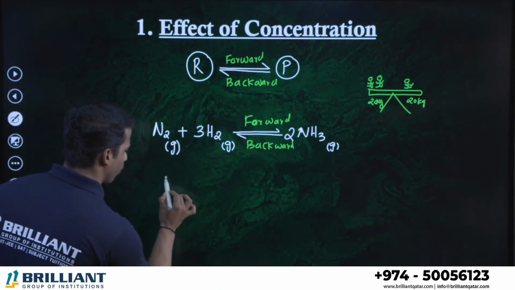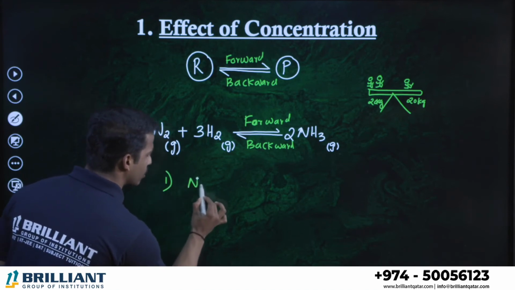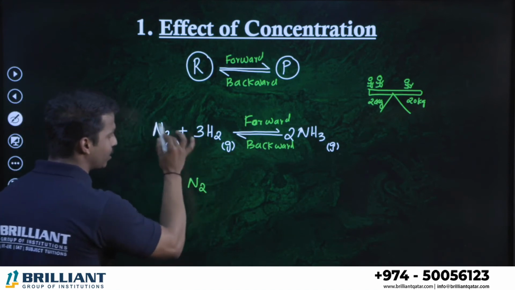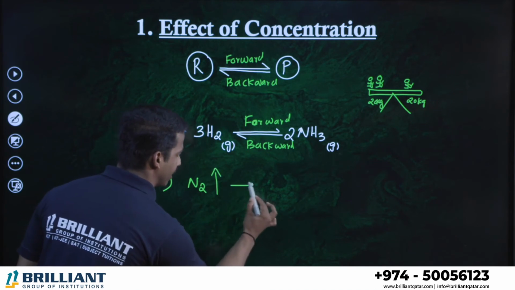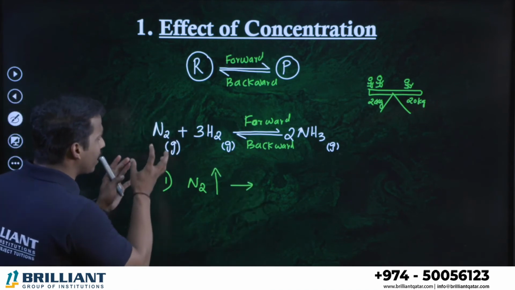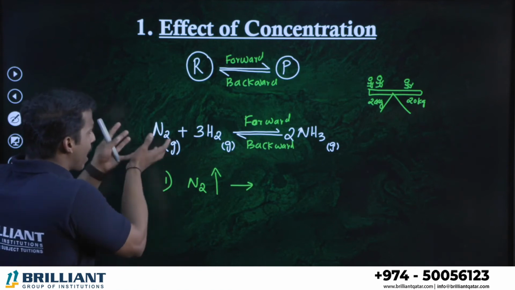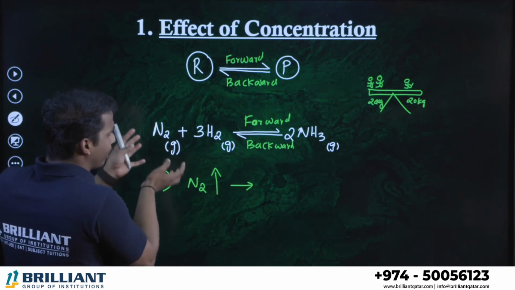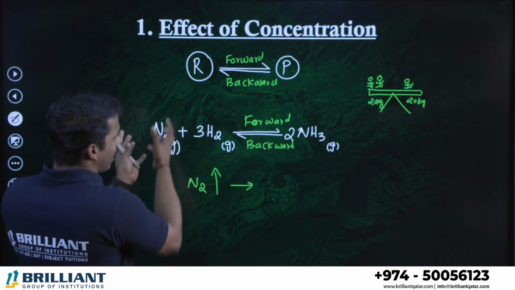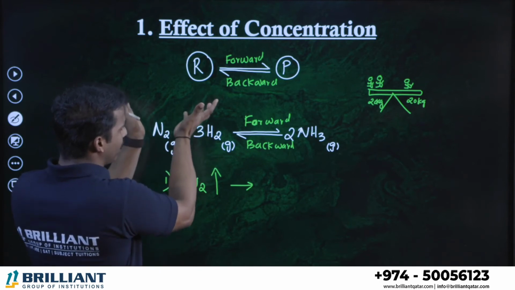Alright. First of all, I'm going to change the concentration of nitrogen. Let me increase the nitrogen concentration. You know, nitrogen is a reactant. So when you add more nitrogen on this left side, all your reactant side concentration is much greater.